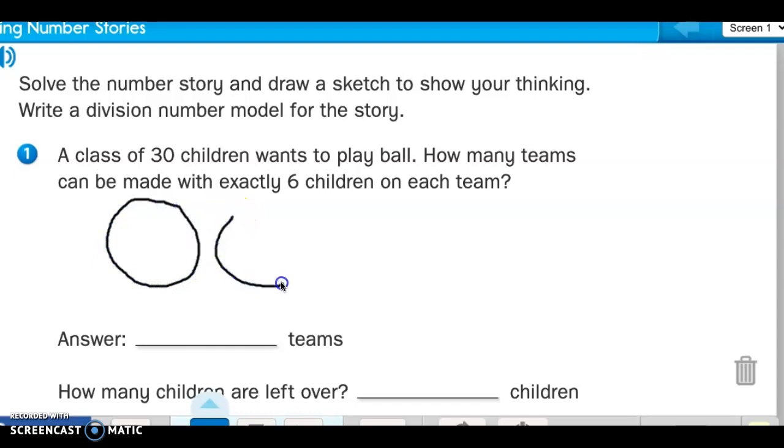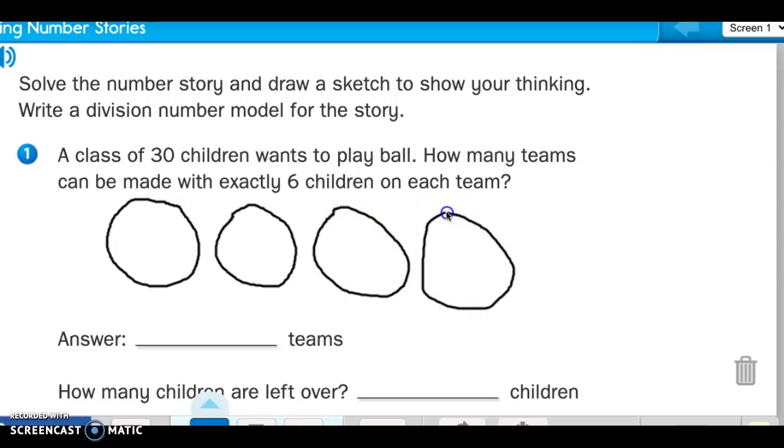There's different ways of doing this. You could draw 30 sticks or people and then just kind of clump them into 6 and then find out how many teams that would be. Or you could share like this. There's always different ways to do it. This is the way I'm choosing to do it.